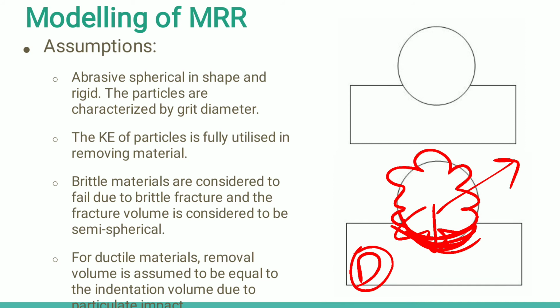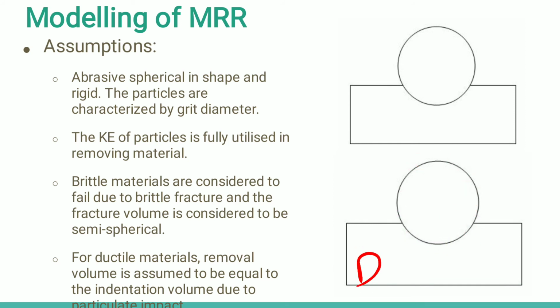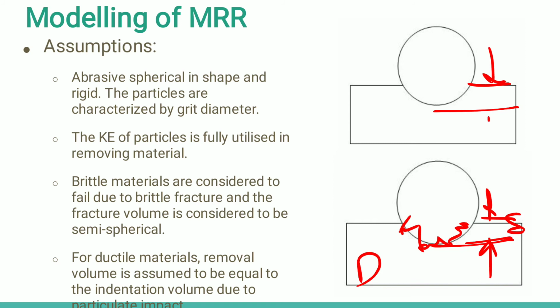Another is that whatever the shape of these points, they just indent inside the ductile material and then rebound and move out, leaving a specific indentation. This indentation is the same in the brittle material as well.